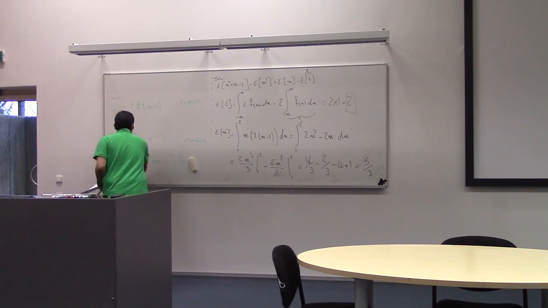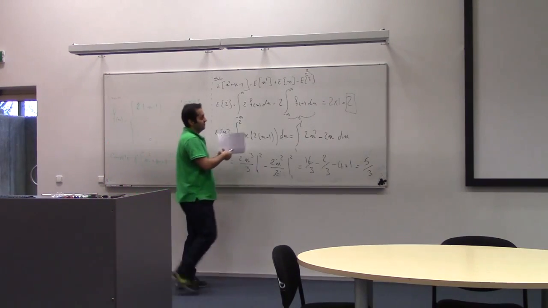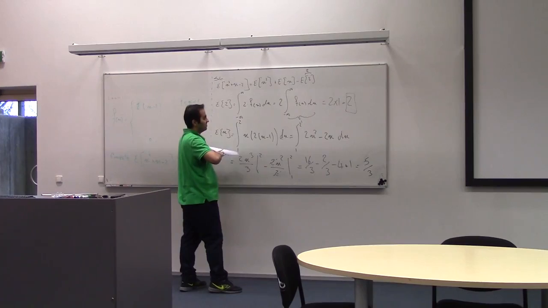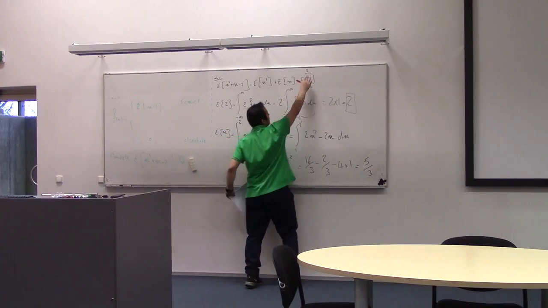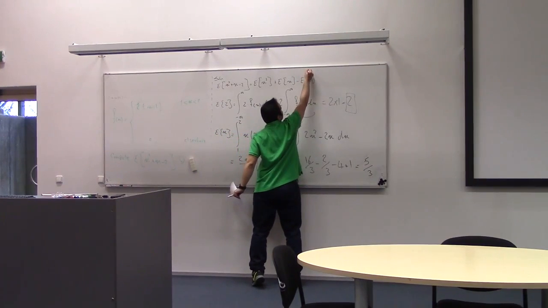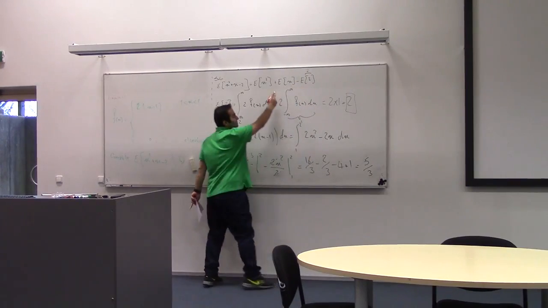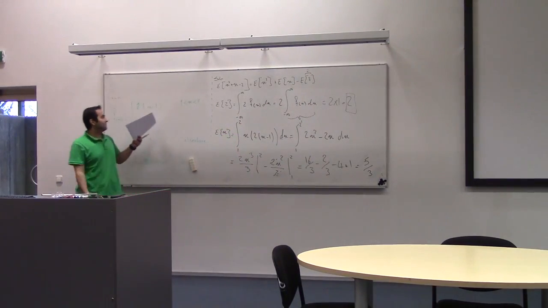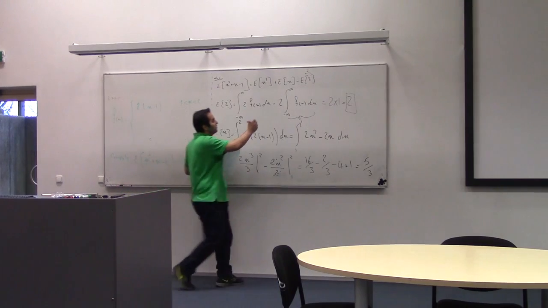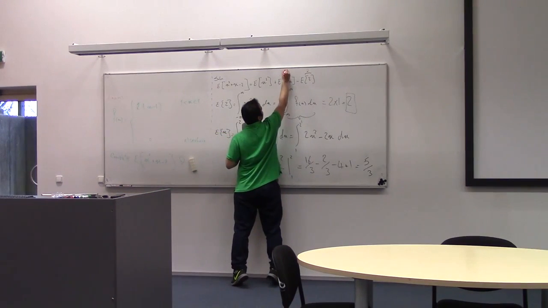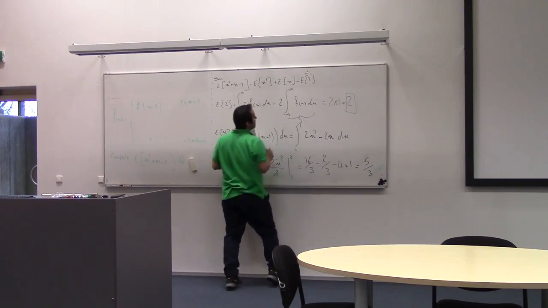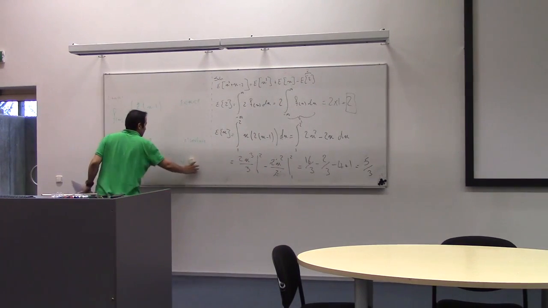Then we showed that the expected value of a constant is equal to that constant, and the expected value of x when we have this function is equal to 5 over 3.